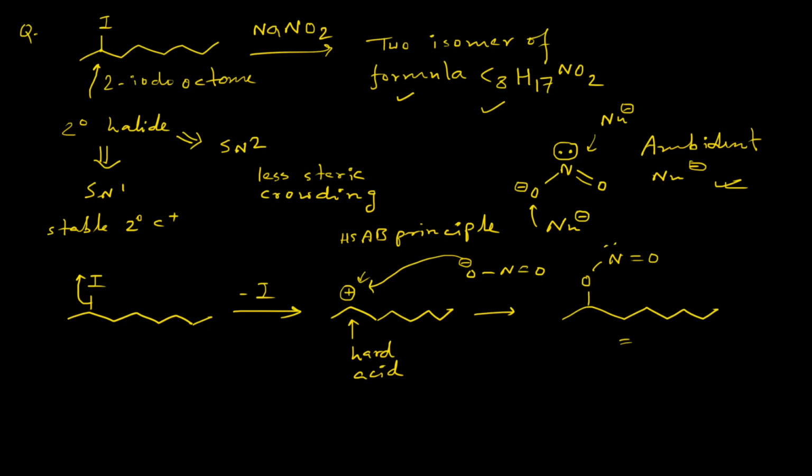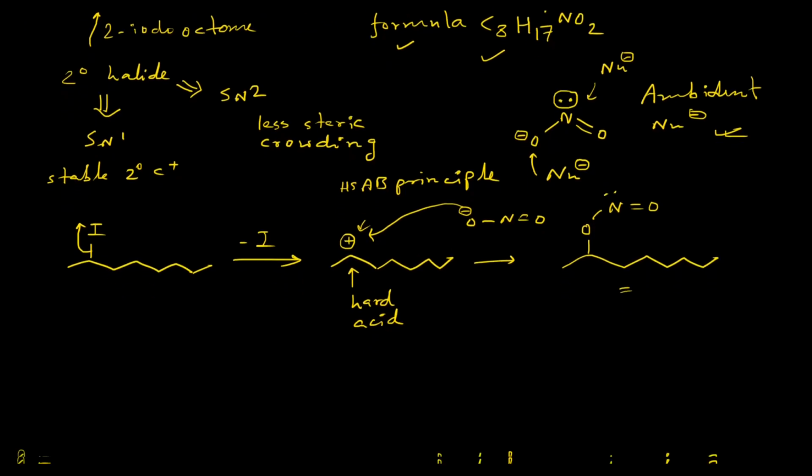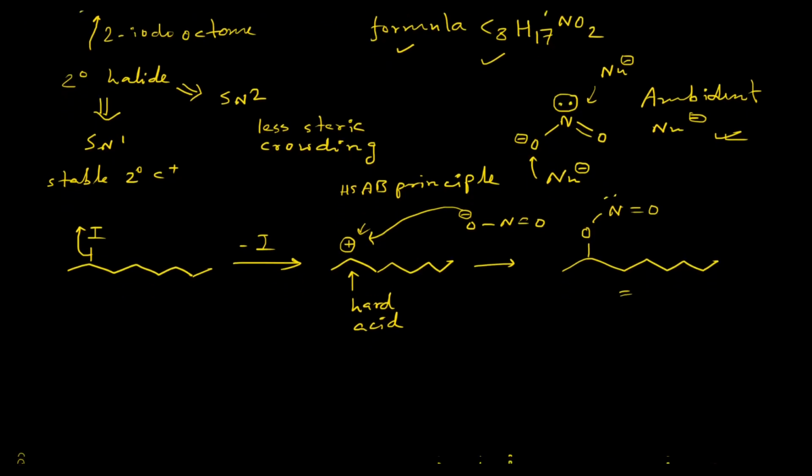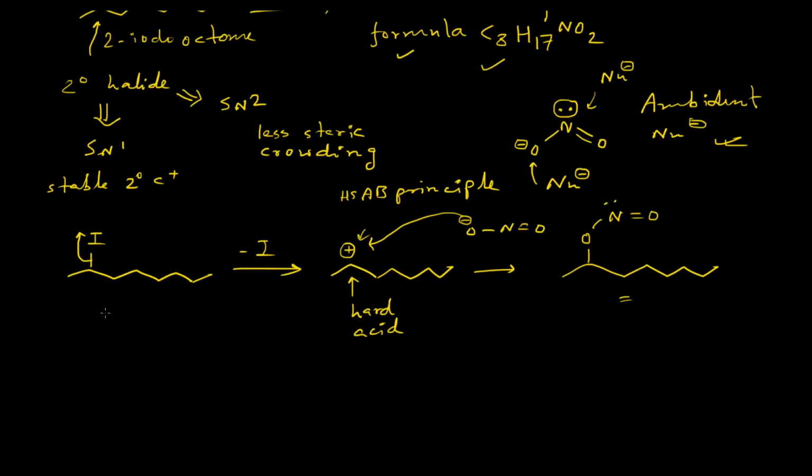The formation of the other isomer can be explained in terms of the SN2 pathway. So if the same molecule proceeds via the SN2 pathway, then what will happen? So this is our SN1 pathway, this is the SN2 pathway. In the SN2 pathway, obviously this nitrogen center will act as the nucleophilic center.